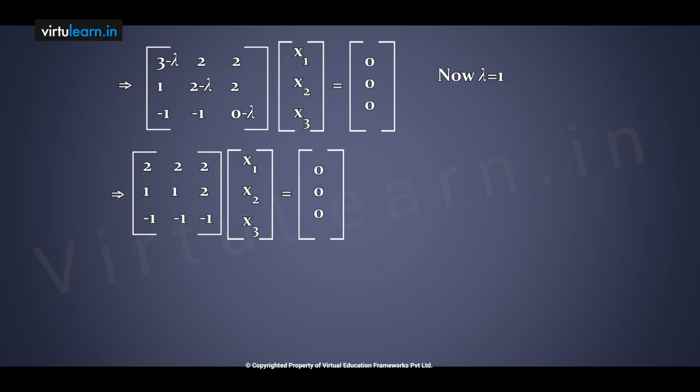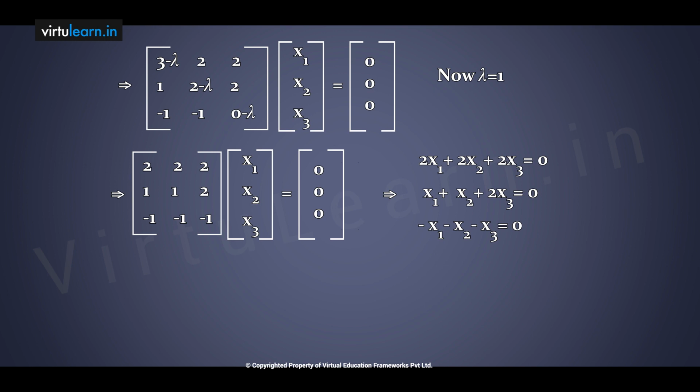Now you multiply first two matrices. First row, first column: 2x1 plus 2x2 plus 2x3 equals 0. From the second row: x1 plus x2 plus 2x3 equal to 0. Third: minus x1 minus x2 minus x3 equal to 0.